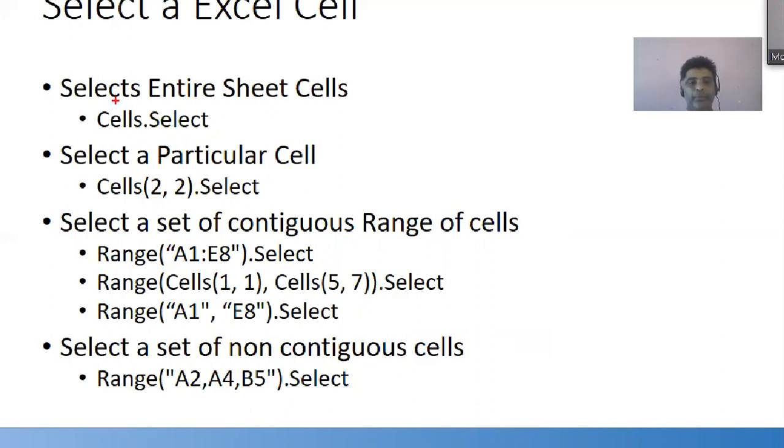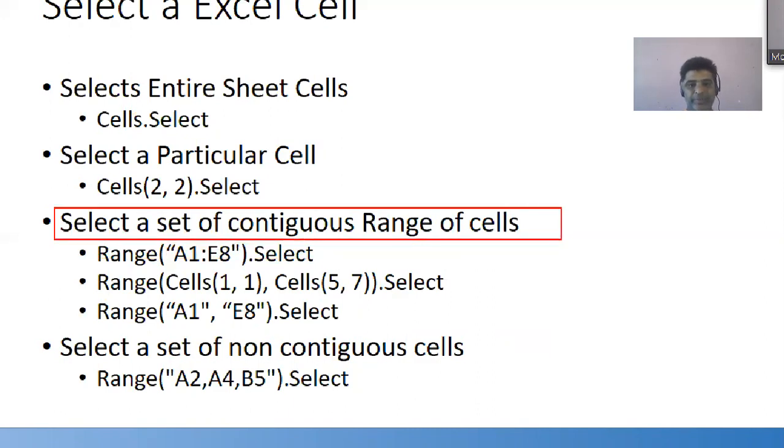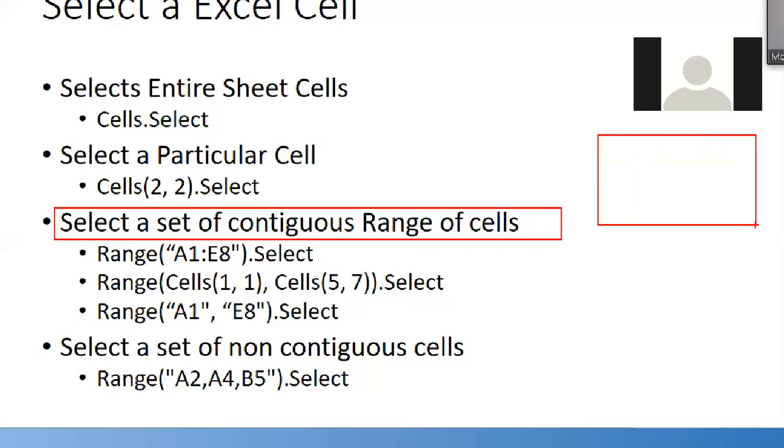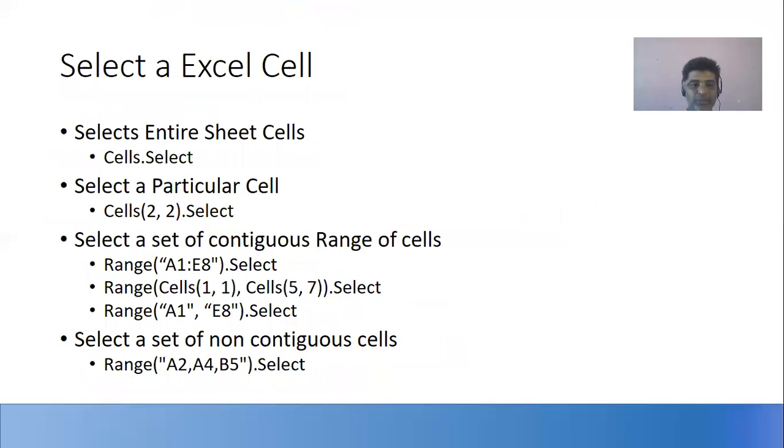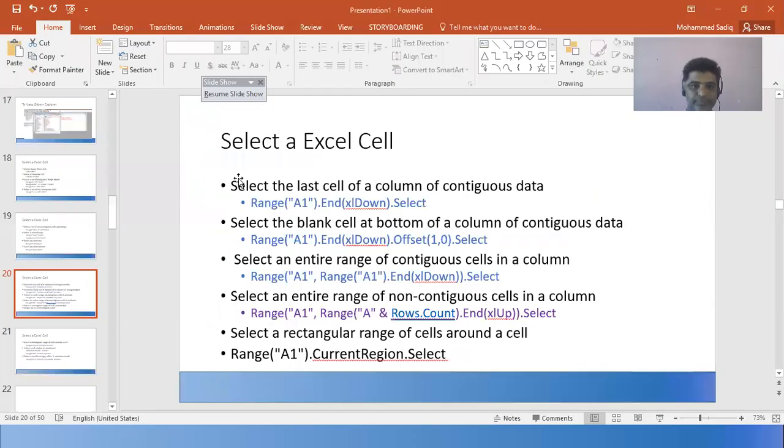Now, the next thing is, we'll see how we select a contiguous range of cells. Contiguous means a range of cells. It might be vertical, horizontal, or a group of data on which you want to do some kind of summarization. When you see here, Range of A1 to E8 dot Select, I've used a colon here.